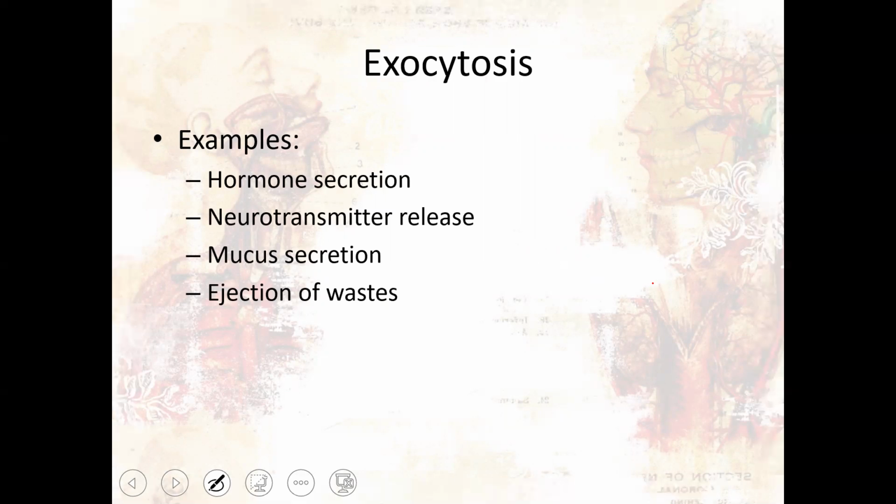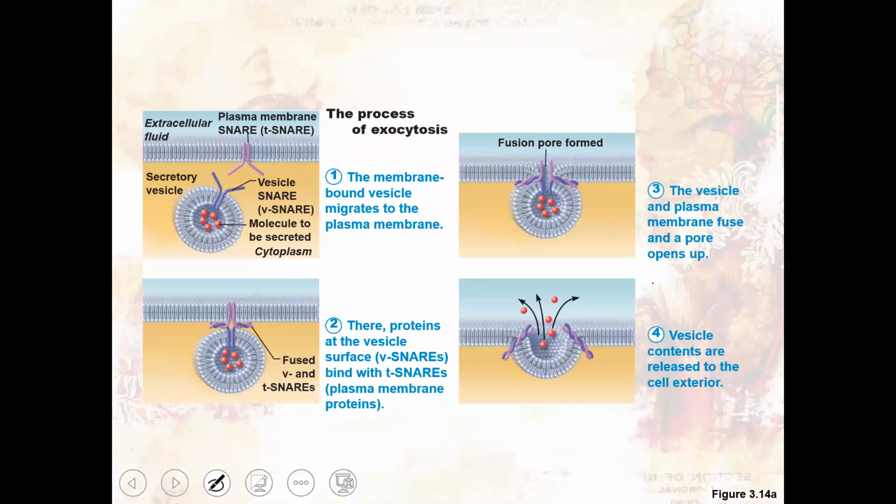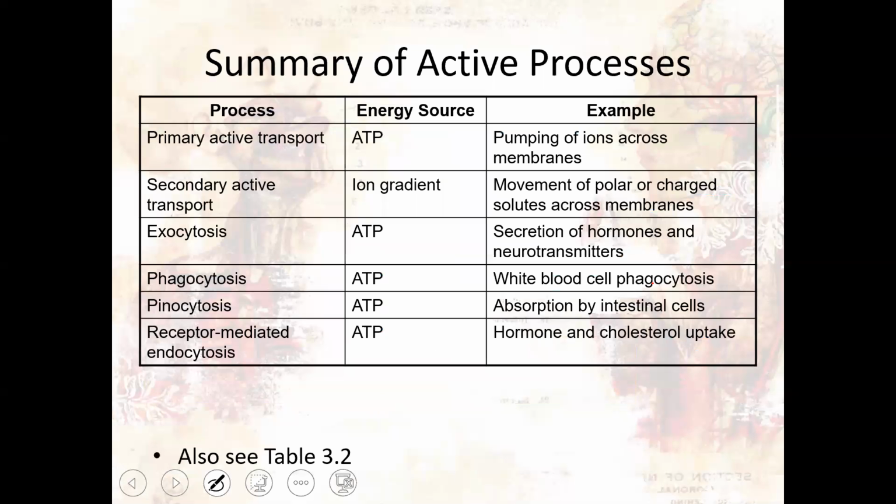We're throwing something out. So here you see cell junk, whatever, surrounded by that vesicle, and that vesicle goes and binds to the membrane, opens up, and throws it out. All of these things are active transport. They require ATP.